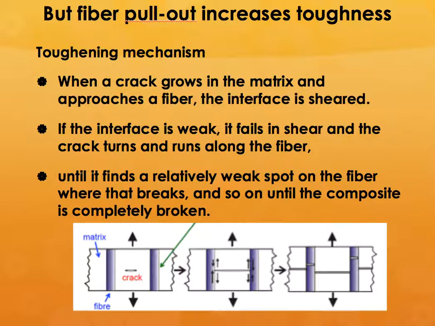Then it moves across at 90 degrees or at an angle, and then it goes to the next interface and moves across the matrix, and so on. In that process, the crack has to spend a lot of energy, and that causes the crack to slow down, which will increase the toughness of the composite.